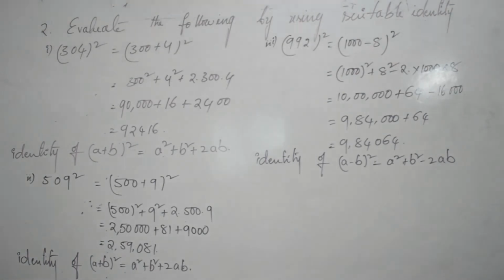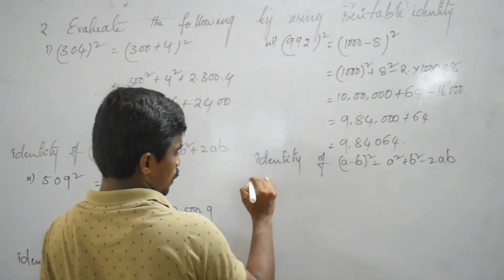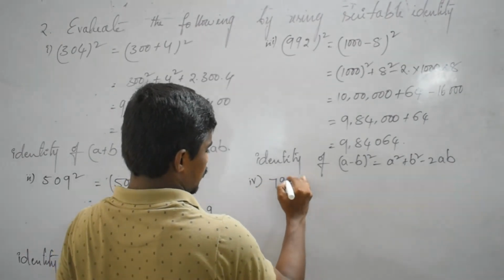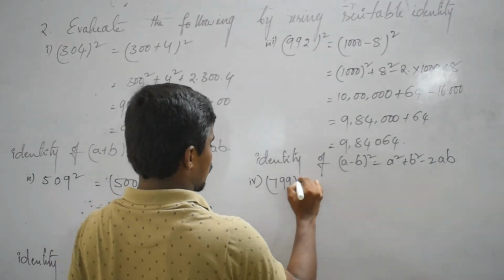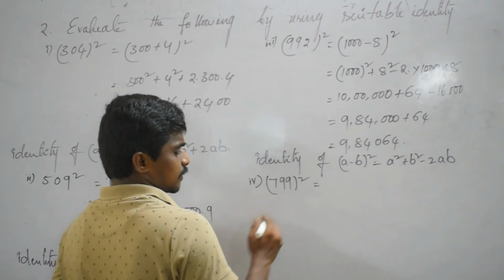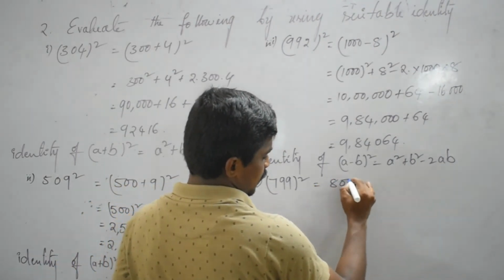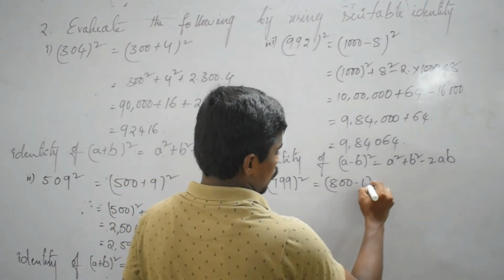Next one, fourth one: 799 whole square. How to write? Nearly 800 minus 1 whole square.